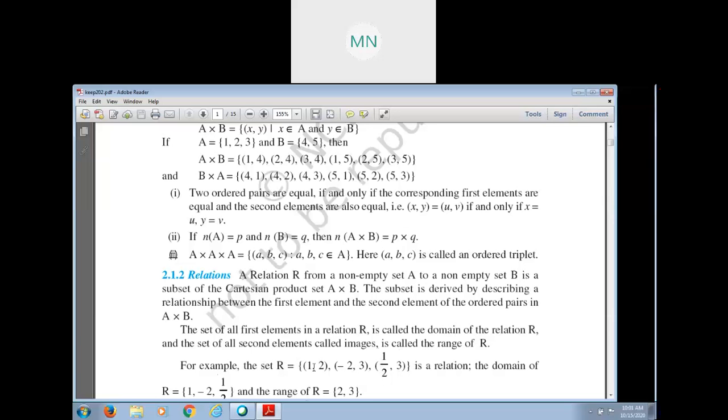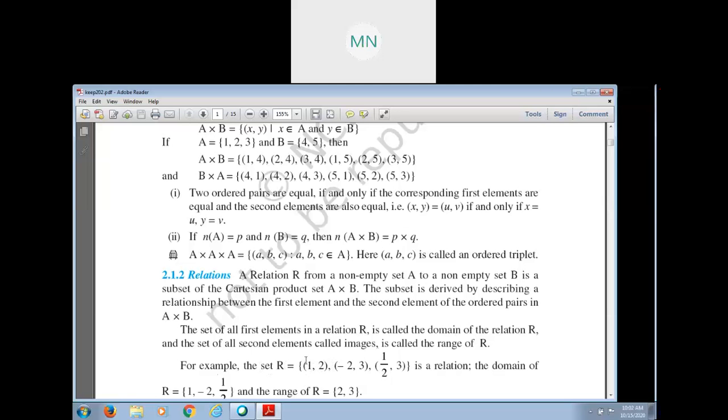Now tell me the first element of R. Ma'am, 1 and 2. First element, this one is the first ordered pair, 1 comma 2.